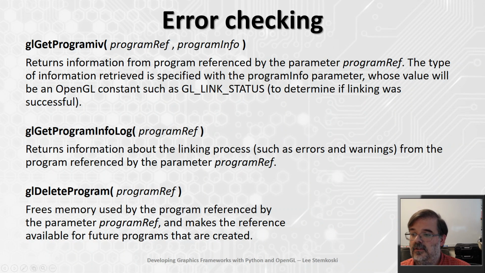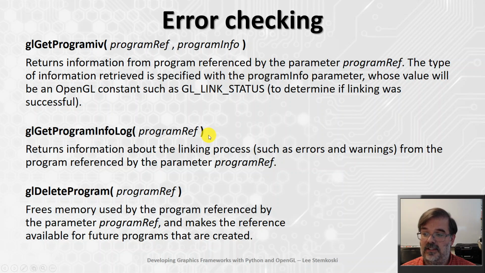All right. So the next step is going to be to check for errors. Just like we checked errors in the shader, we're going to check errors in the overall combined program. First, we have get program iv. Just like for shaders, we need a reference to the program object, and we need a constant which states what type of information we'd like to retrieve. In particular, we're going to use the constant GL link status to make sure that linking was successful.